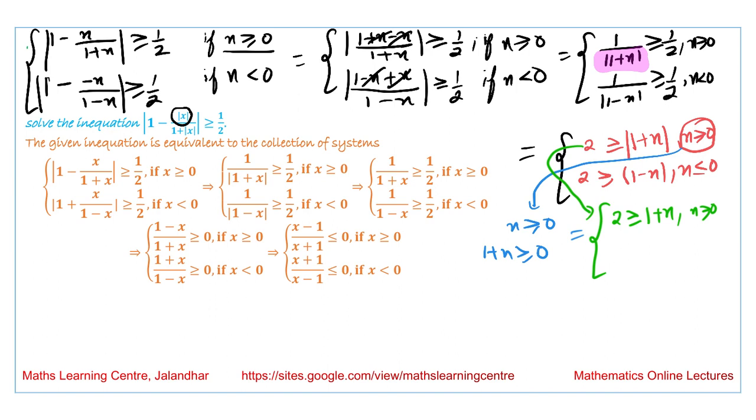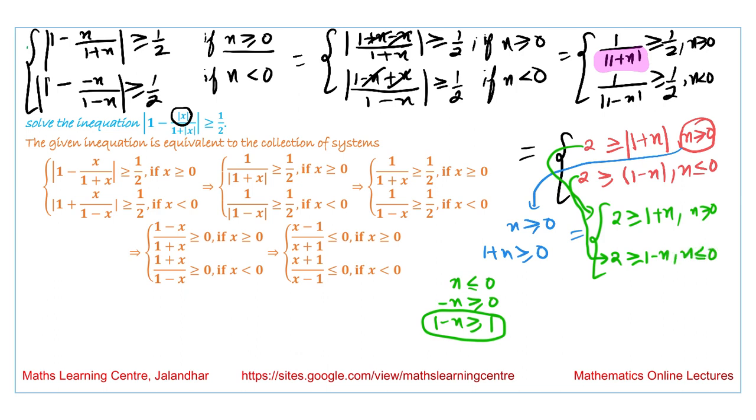In the second part x is less than or equal to 0, so -x ≥ 0 and 1 - x ≥ 1. Again 1 - x is a positive term, so this becomes 2 ≥ 1 - x, with x ≤ 0.